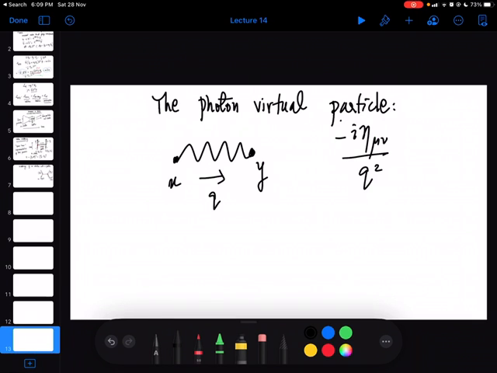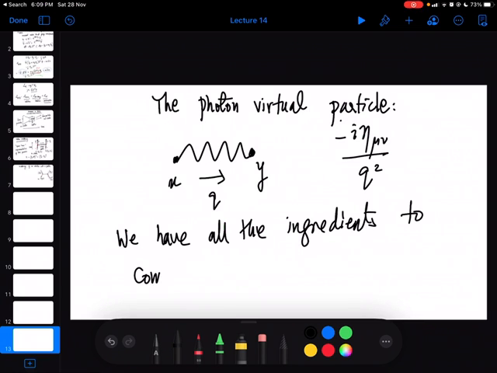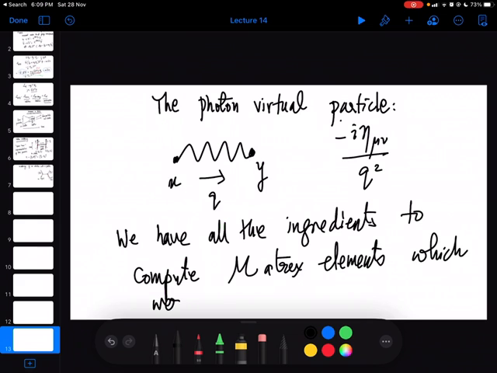Okay, this is typical notation. Now we sort of have all the ingredients with which we can compute the matrix elements, which were introduced, I think, in one of the lectures.